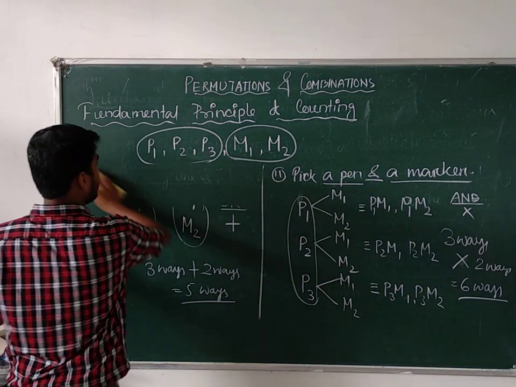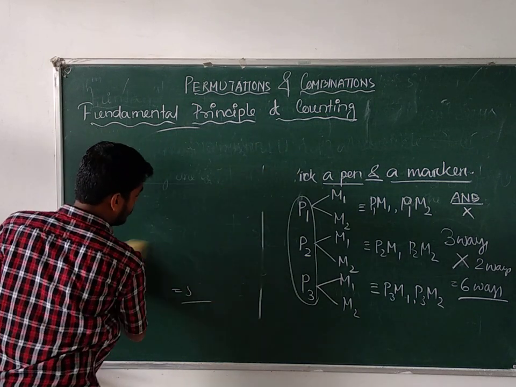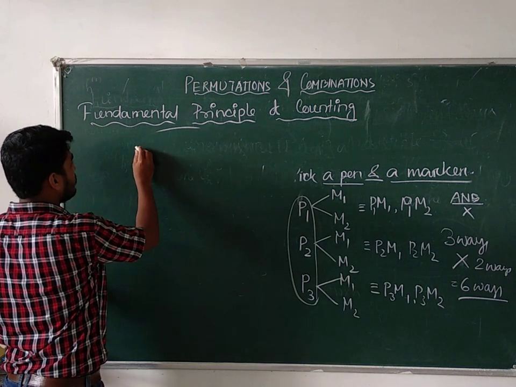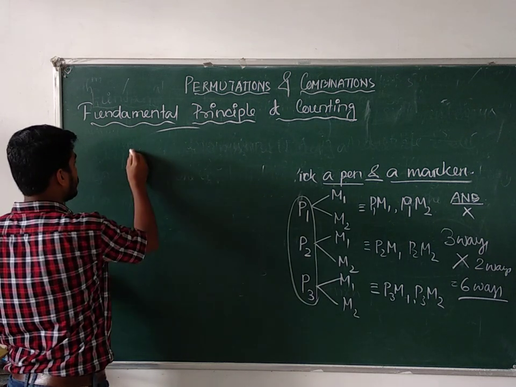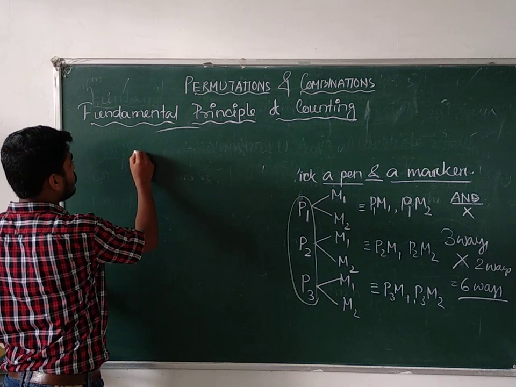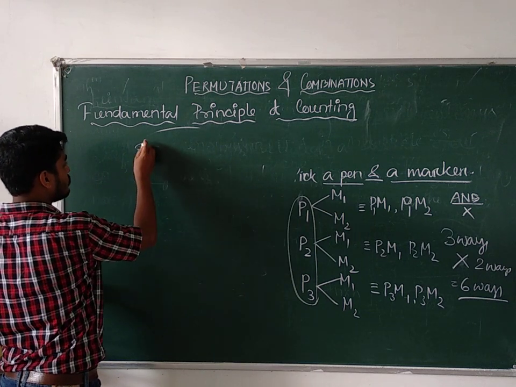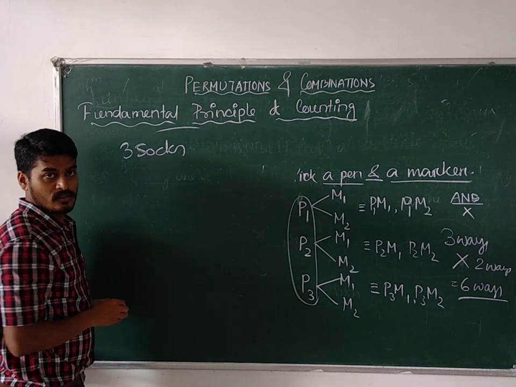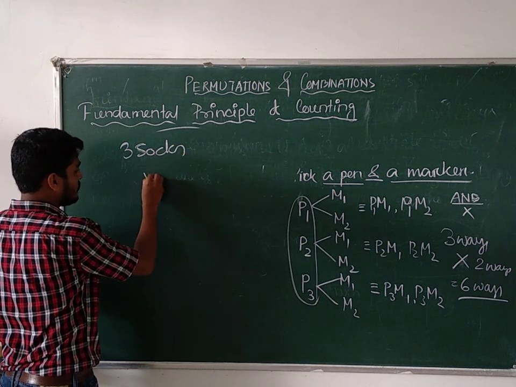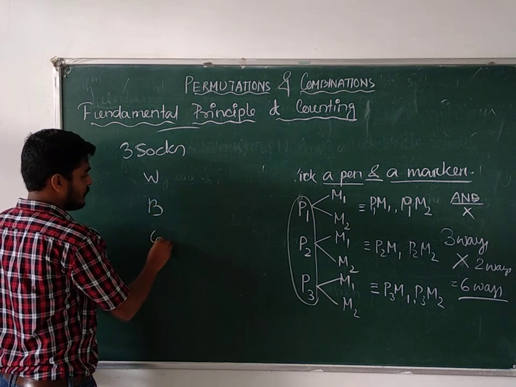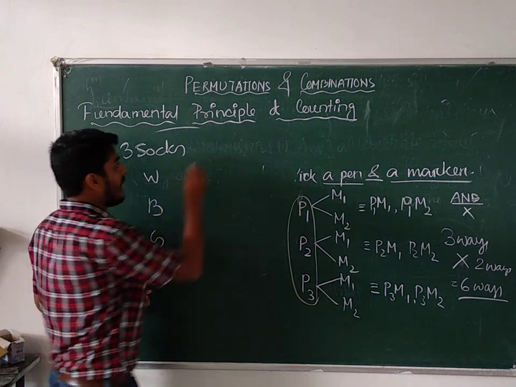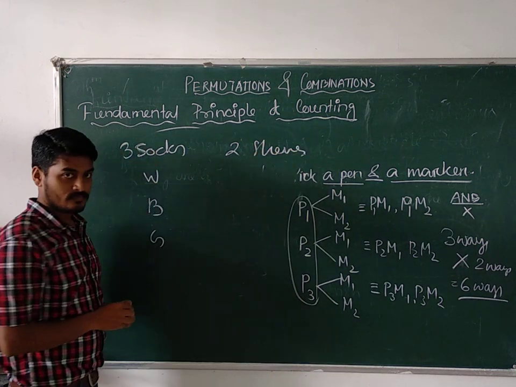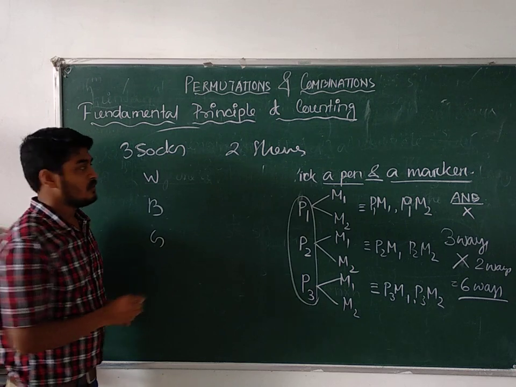For example, you can consider another one also, and it's a good example. Suppose a person has 3 socks: suppose white, black and green. 3 socks are there and 2 shoes are there.